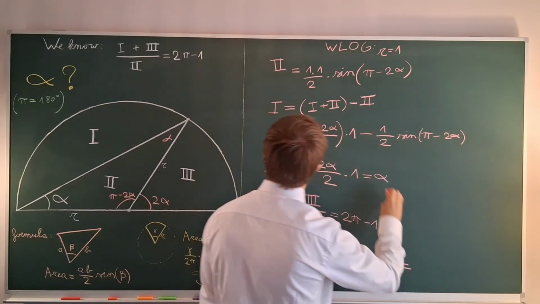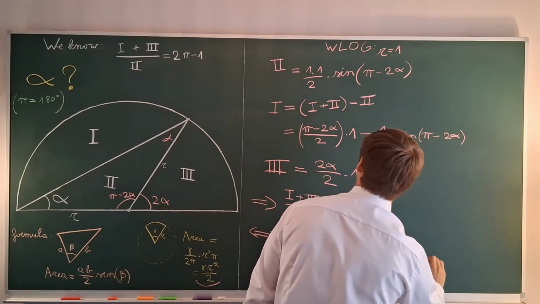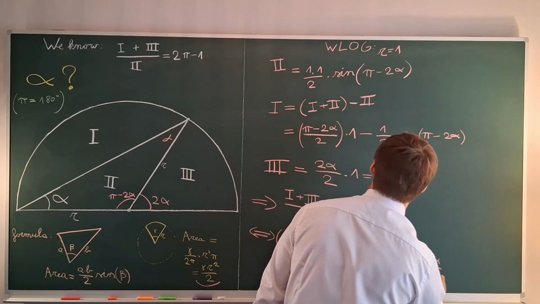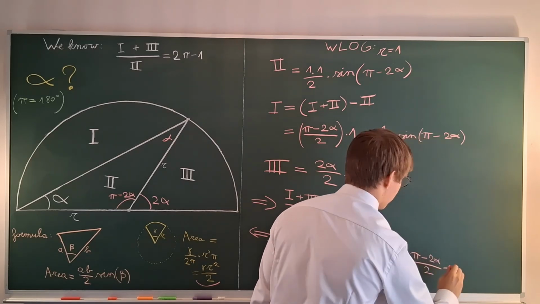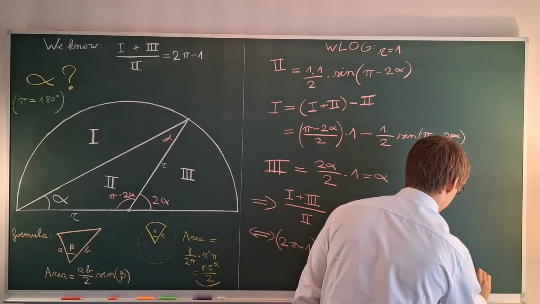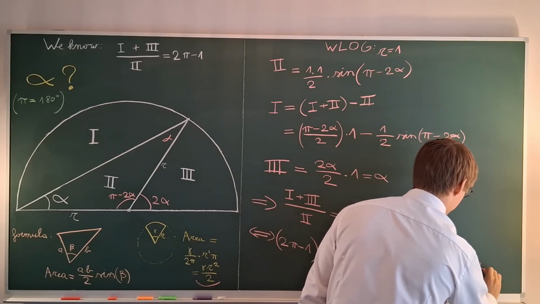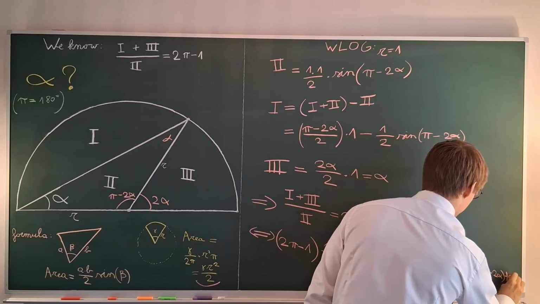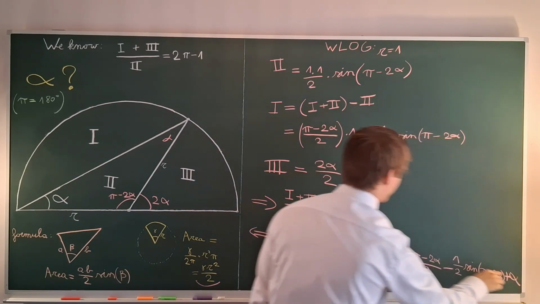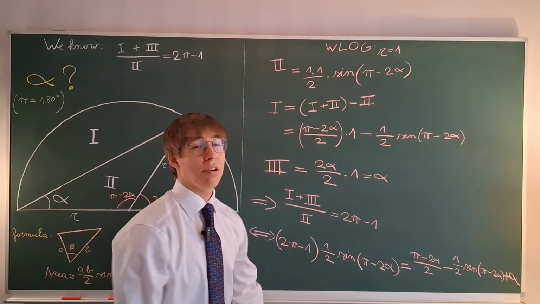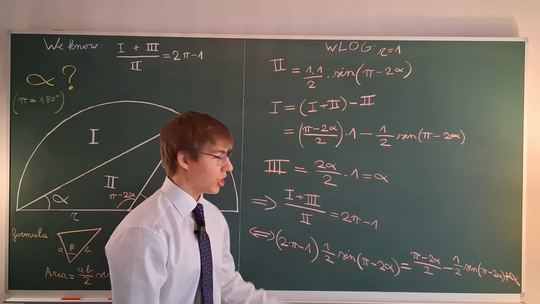So that is pi minus 2 alpha over 2 minus 1/2 sine of pi minus 2 alpha, and then plus alpha, which is equal to the area of 3. So let's now clear the board and solve this equation in alpha.